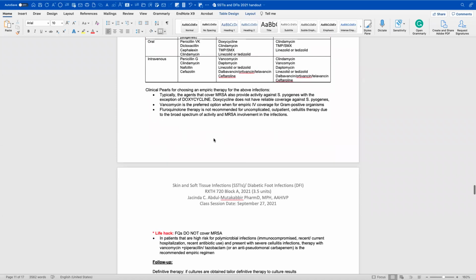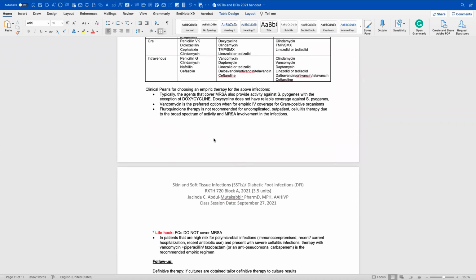So just some clinical pearls for you all in choosing an empiric therapy for the above infections. Typically, the agents that cover for MRSA also provide activity against strep pyogenes, with the exception of doxycycline. Doxycycline does not have reliable coverage against strep pyogenes. So remember that doxycycline, while it covers for MRSA, does not have reliable coverage against strep pyogenes.